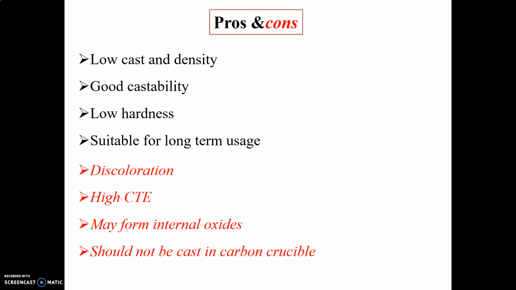This entrapped oxide combines with the metal and leads to the formation of different oxides having different oxidation states of metals. And finally, it should not be cast in a carbon crucible. The reason is that when the material is cast in a carbon crucible, the carbon also gets entrapped into the interstitial sites of the alloys and leads to the formation of carbides. These carbides may disturb the properties of the materials.